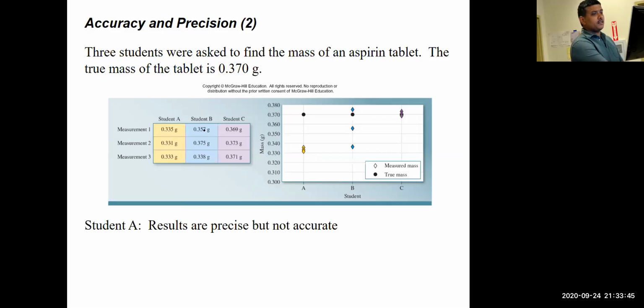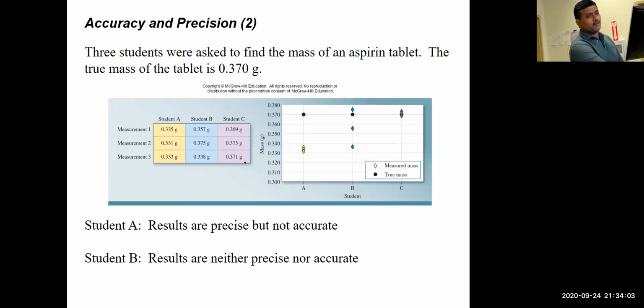Student B has results of 0.357, 0.375, and 0.338. They were scattered, so you can say that they were not precise and not accurate. Student C came up with the values of 0.369, 0.373, and 0.371.